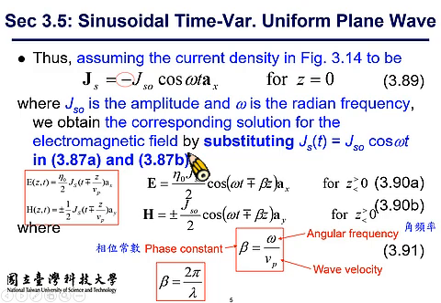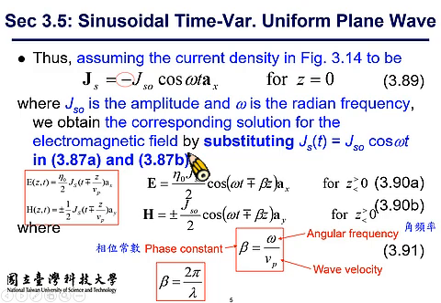Because half of the field goes to the positive z direction, and the other half goes to the negative z direction. And you see the ratio between E and H is eta sub 0, the intrinsic impedance. The function parameter is omega t minus or plus beta z, where the top one stands for the components going to the positive z direction, and the plus one stands for the component going to the negative z direction.